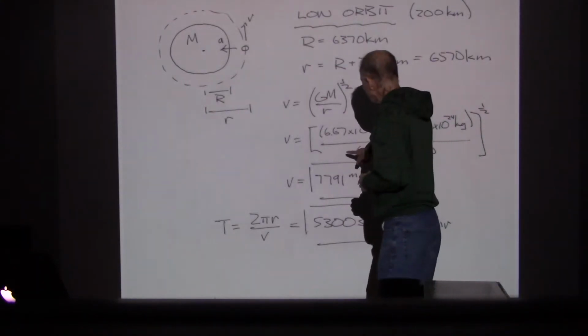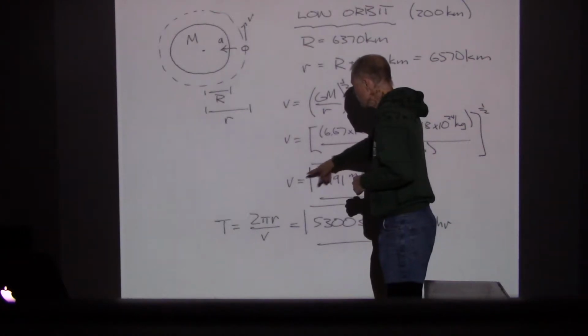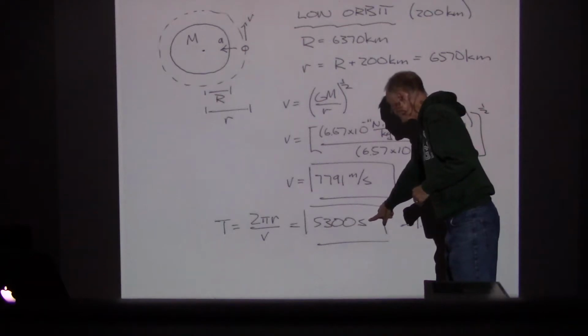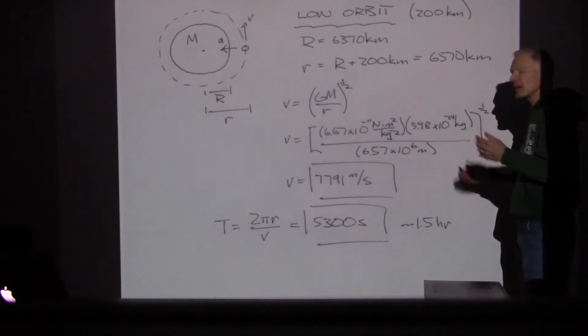So anyway, getting back to this, we calculated the orbital speed, and then from that we're going to calculate the orbital period. That works out to be 5,300 seconds, and it's about an hour and a half.